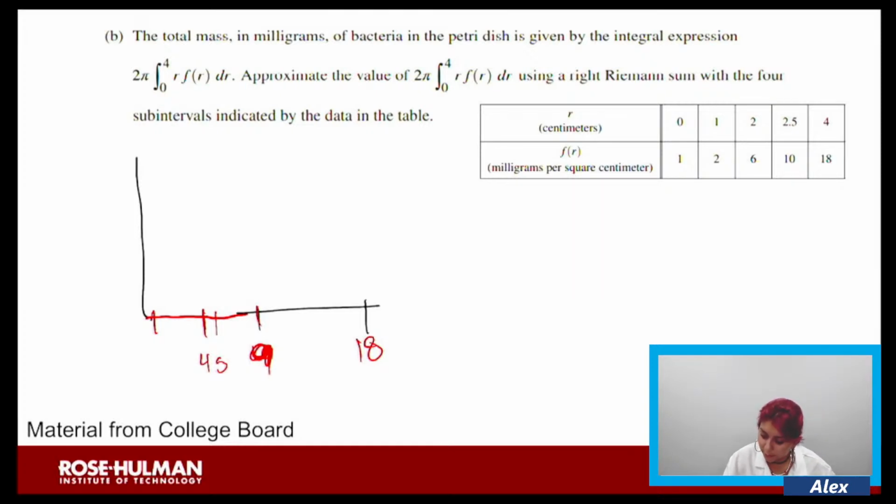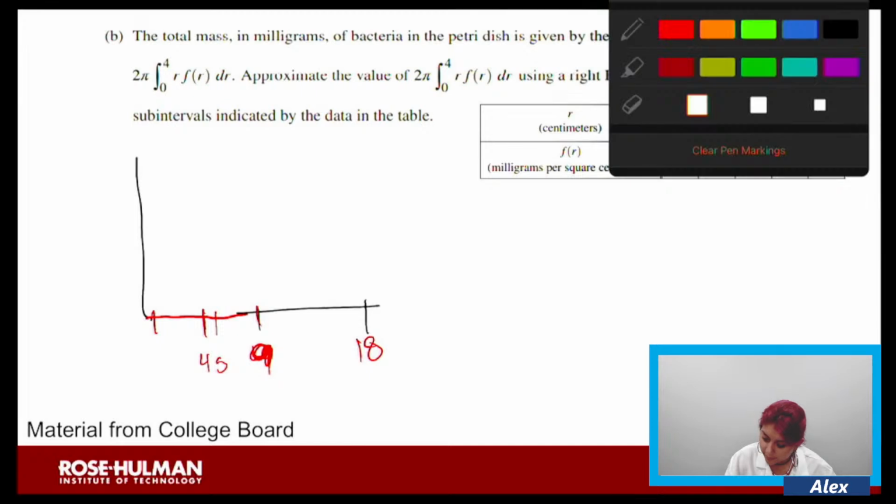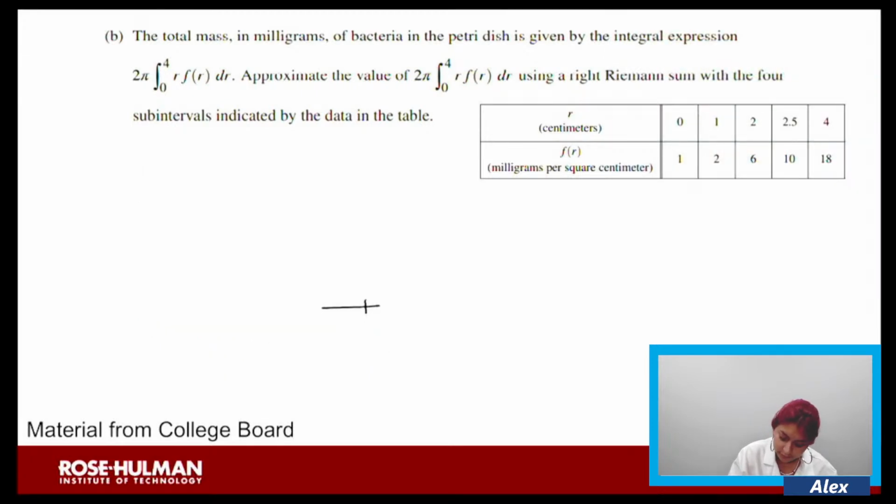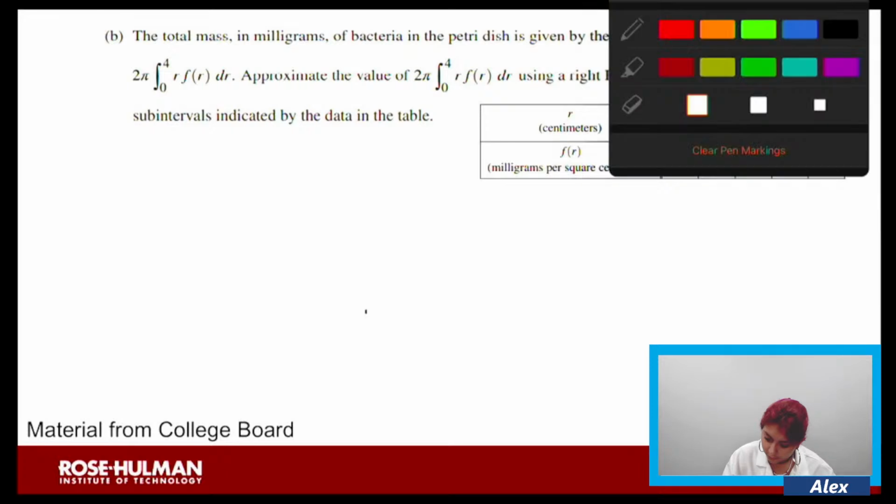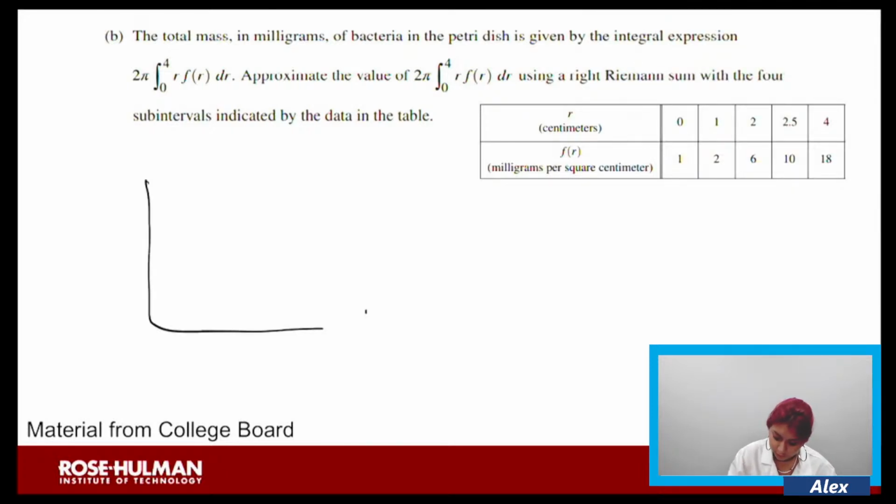Oh, whoops, I'm looking at the wrong axis. So our 1 would be 2. Let's make this 18, 9, and such.